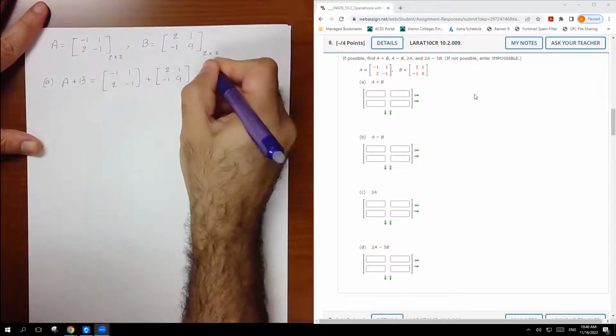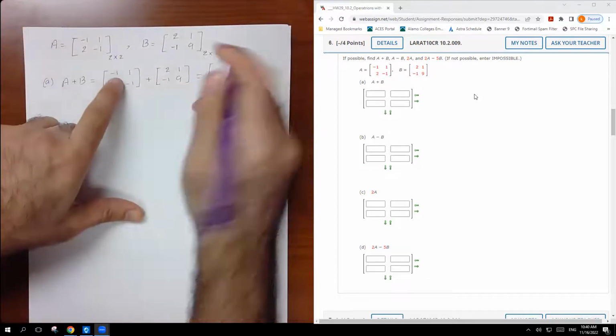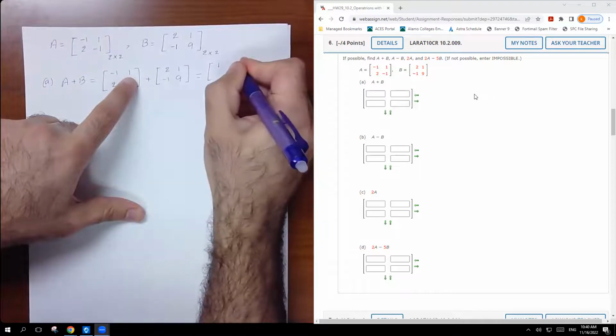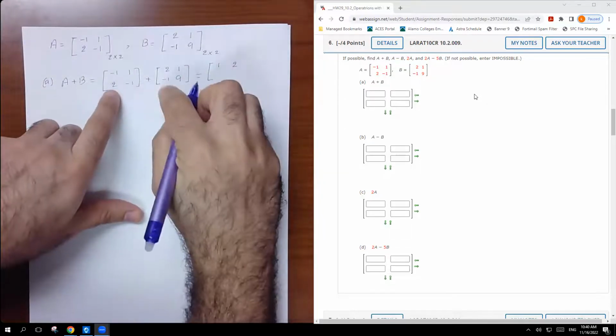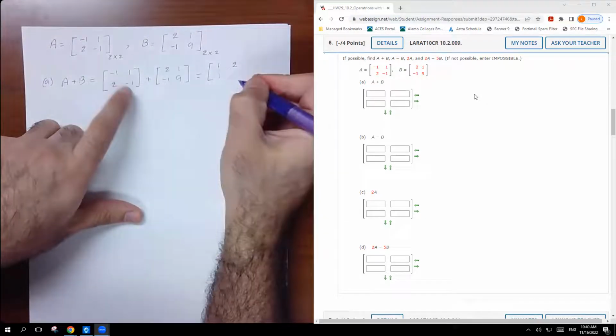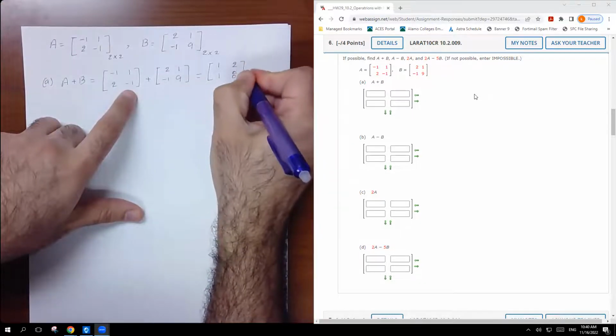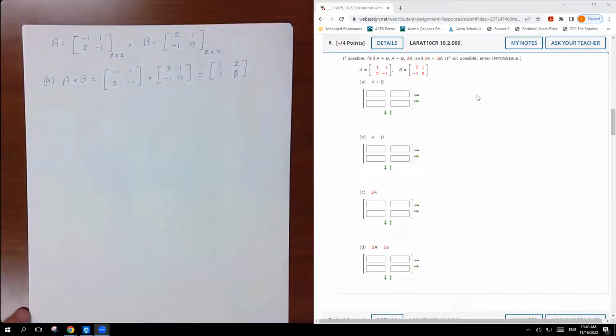So the result is going to be -1 plus 2 is going to be 1. 1 plus 1 is going to be 2. 2 minus 1 is going to be 1. And -1 plus 9 is going to be 8. So A plus B is going to be 1, 2 here, and 1, 8.